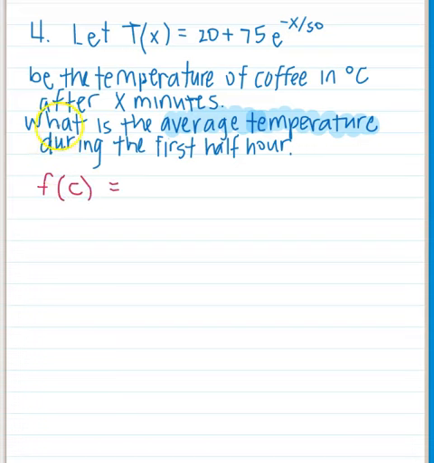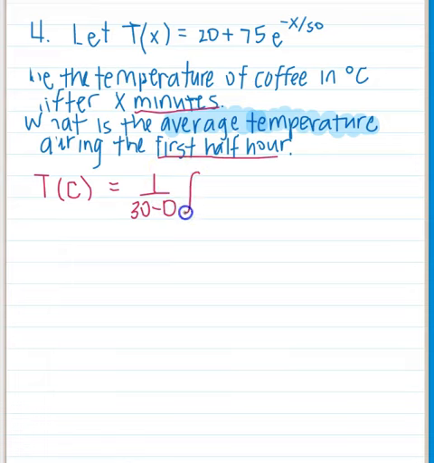I should say some t value, T of c, such that we divide by the interval. How long is the interval? Well, careful with your units. If it's asking for minutes, I don't want to use a half, right? A half, nope. I want in minutes, so a half hour is the same as 30 minutes. So I say 30 minus 0, because you start at 0. And we're going from 0 to 30 of our function.